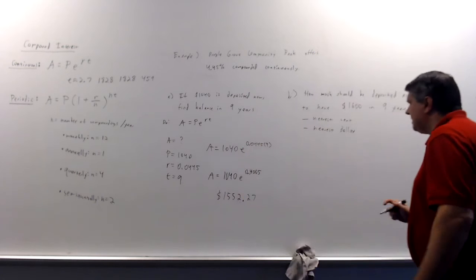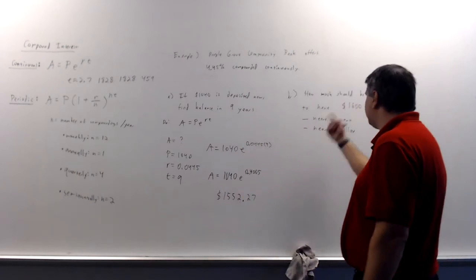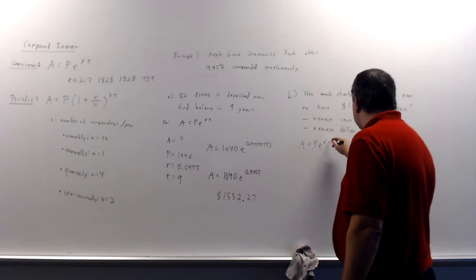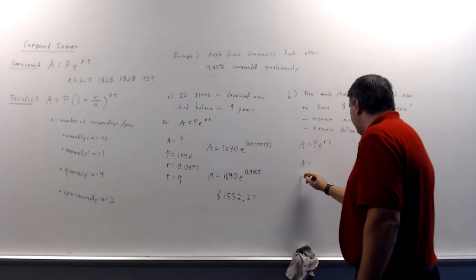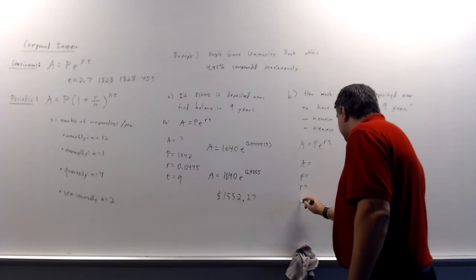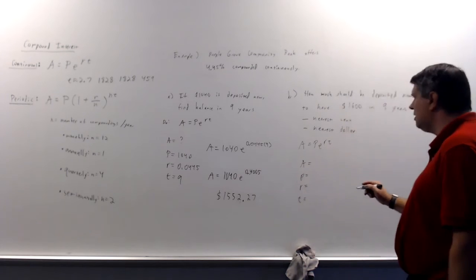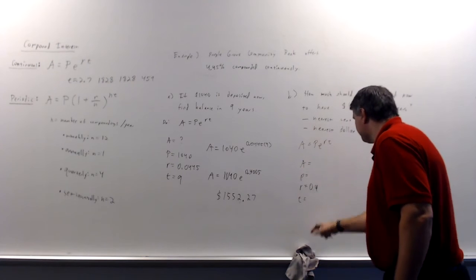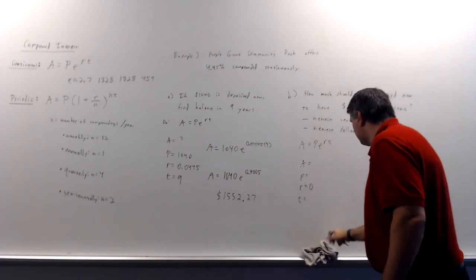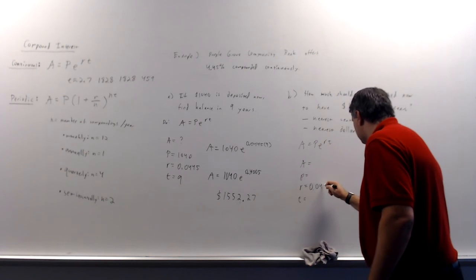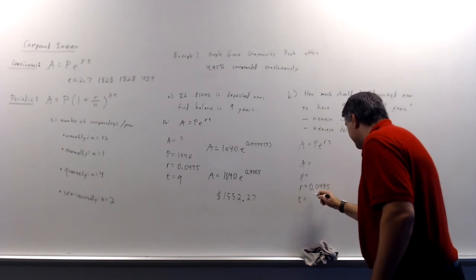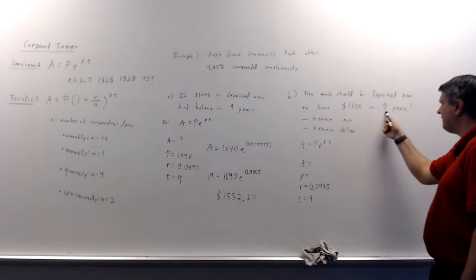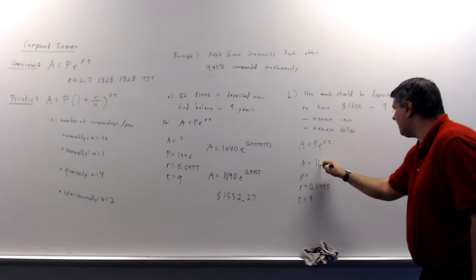Okay? Now for this one, it's still continuous. A equals P e to the rt power, where A equals, P equals, r equals, t equals. Well, the rate is still what it was before. T is 9. Now that 1,600 is what we're hoping to have in 9 years. That is an accumulated value.